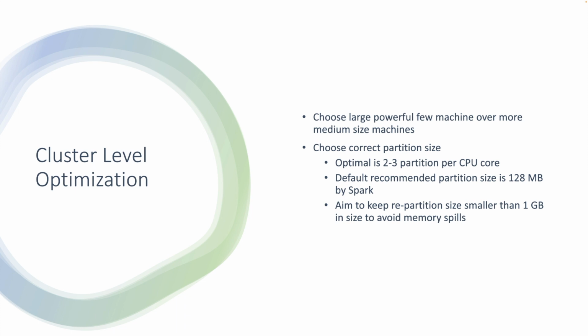So choose large and powerful machines, as few as possible. Even if it costs you a little bit extra, try to choose few large powerful machines compared to medium sized machines. On paper it would look like medium sized machines are economical, but in reality a few large and powerful machines are going to be more economical when you consider the network IO. So form your cluster using as few powerful machines as possible, because you would want to minimize the network IO as much as possible, right?